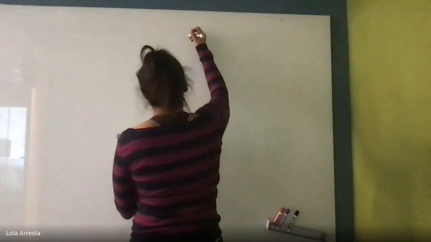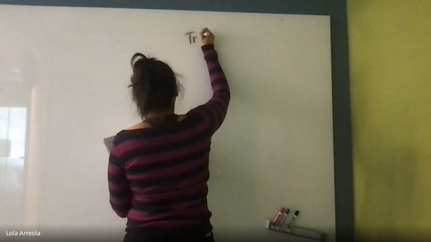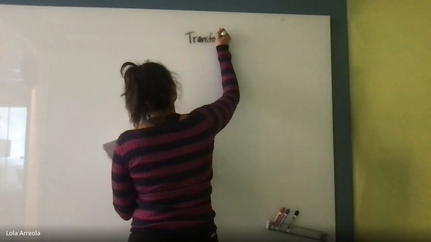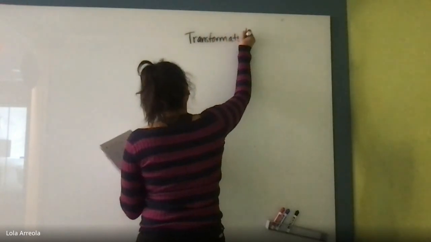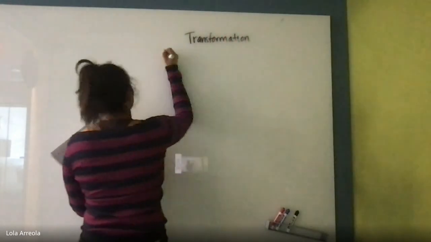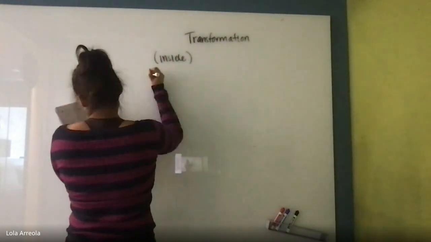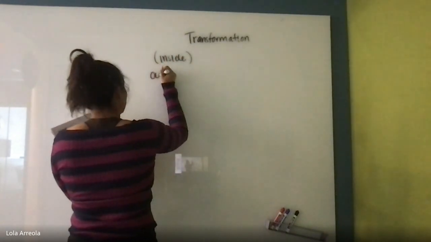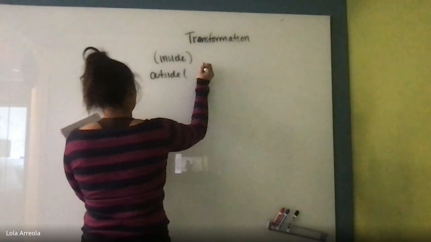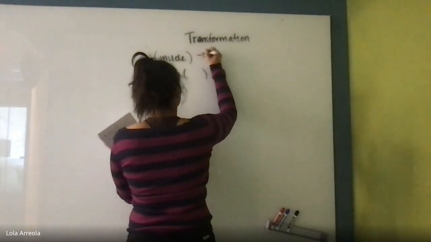So now, this is essentially what the transformations are. We have math happening inside parentheses, and we have math happening outside parentheses. Anything inside is horizontal.